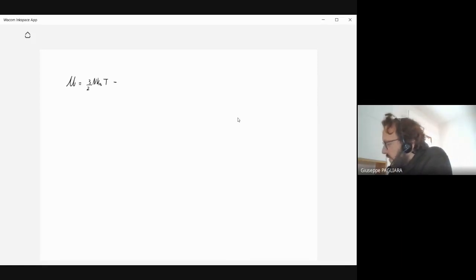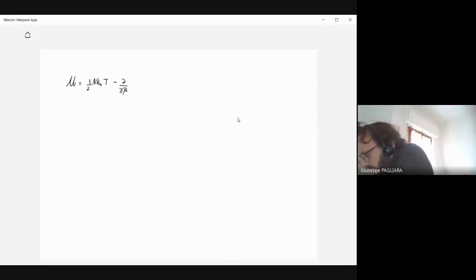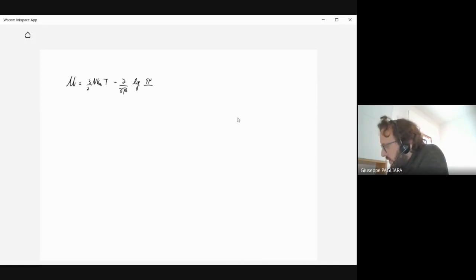Then I have to do minus the derivative with respect to beta of the log of pi divided by b beta, to the power of 3/2 n, and so I have a factor here which is 3/2 n.